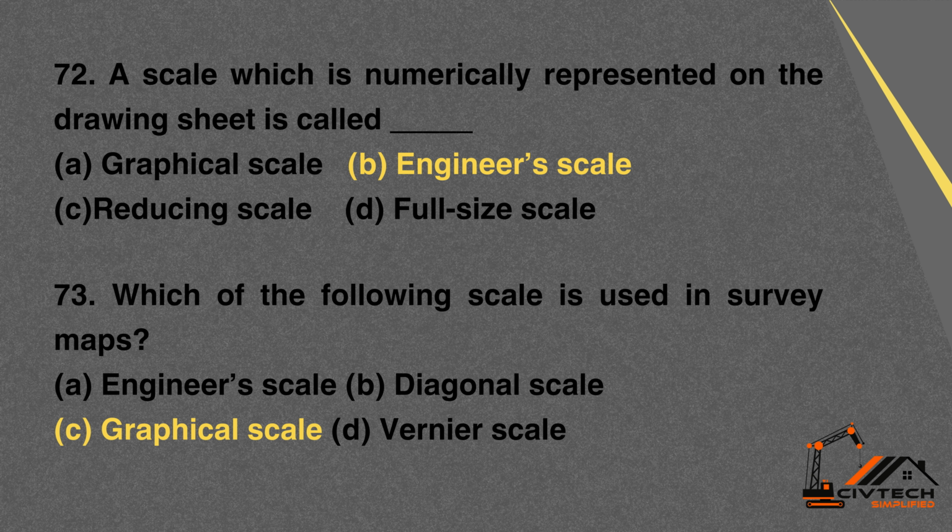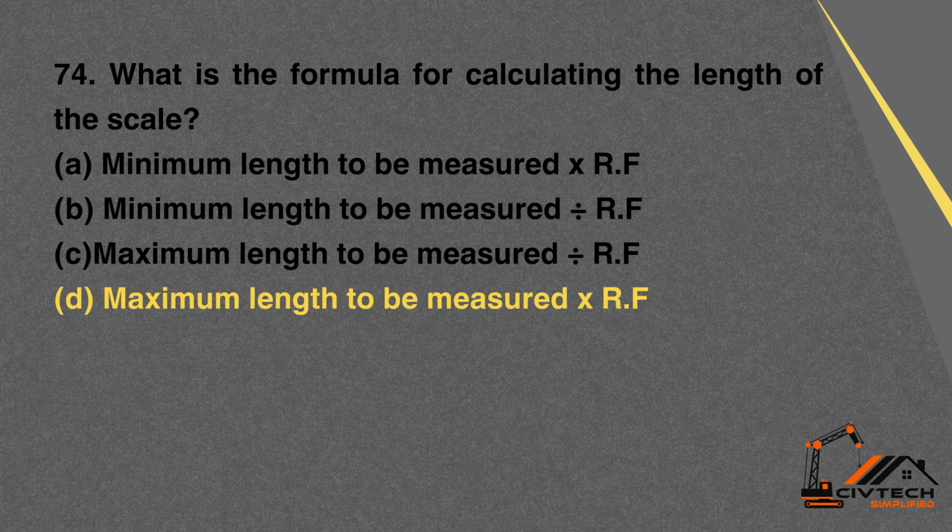73. Which of the following scales is used in survey maps? A. Engineer's scale, B. Diagonal scale, C. Graphical scale, D. Vernier scale. Correct option C. Graphical scale. 74. What is the formula for calculating the length of the scale? A. Minimum length to be measured × RF. B. Minimum length to be measured divided by RF.